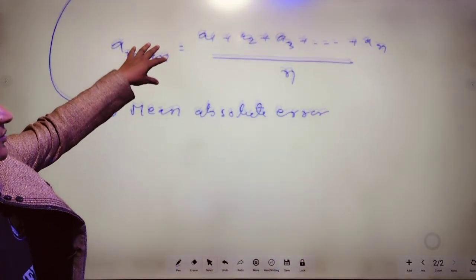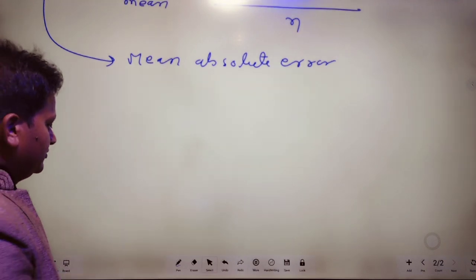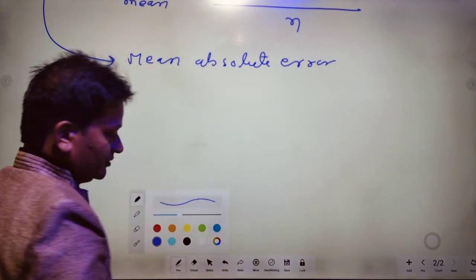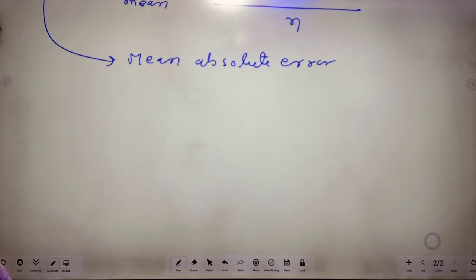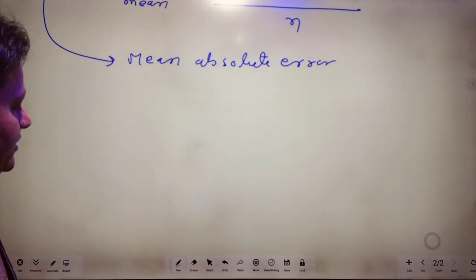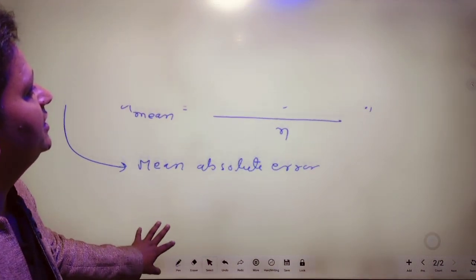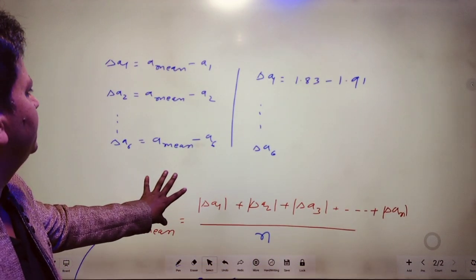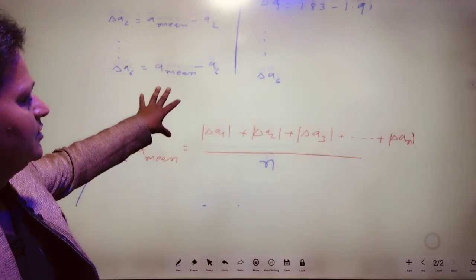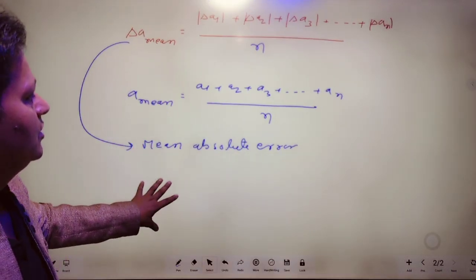Now the measured values are A1, A2, A3 and so on, and A mean is the mean value of all readings.